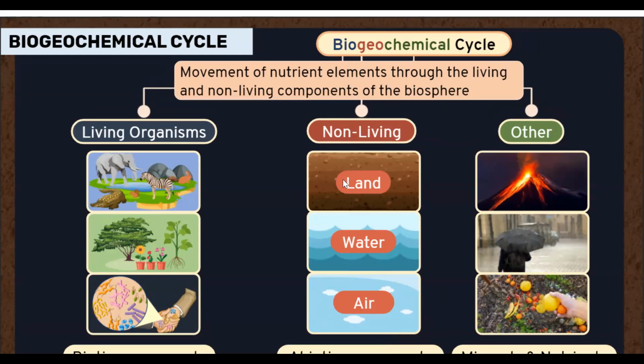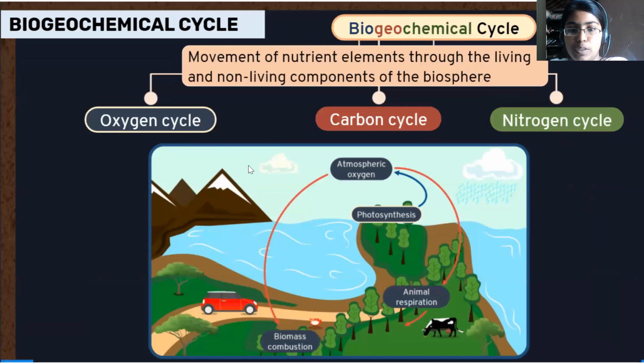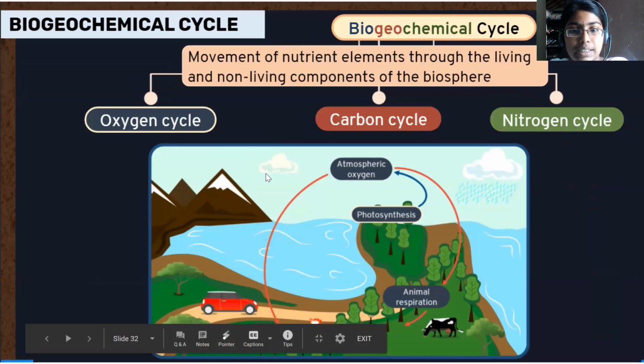Okay, Nandana. Rahul and Vijay? Completed, ma'am. Okay. Yes, very good. Superb. So next we'll go for the different types of cycle. Now we are going to study in detail about the carbon cycle, oxygen cycle, and the nitrogen cycle.